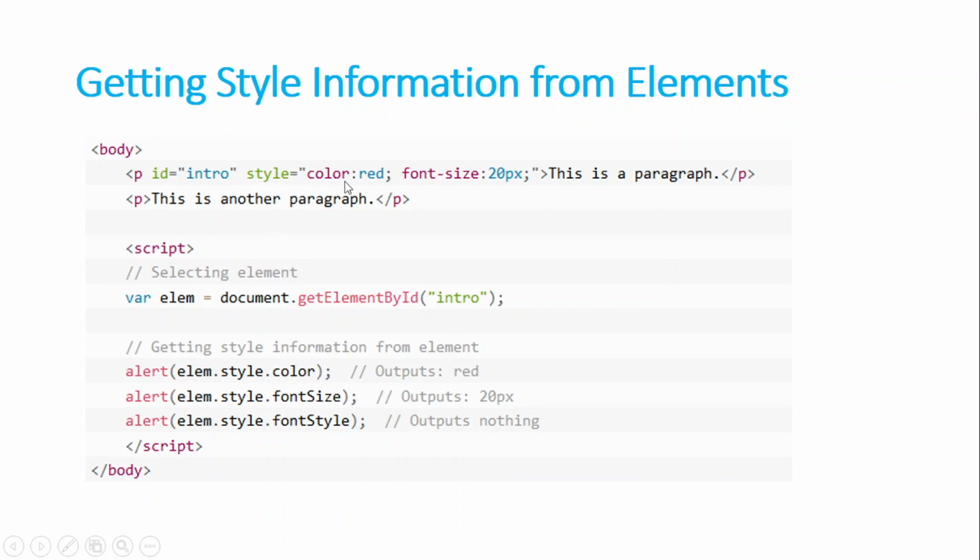Color is red, font size is 20 pixel, so elm.style.color will give you the value of that color property. Similarly, it will give you the font size value and font style value. In this case, font style is not a property applied on this element, so it will give you nothing.